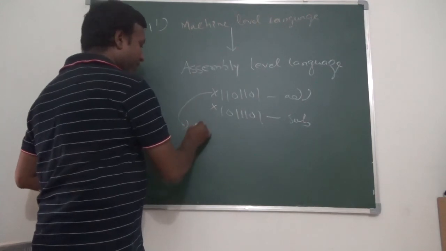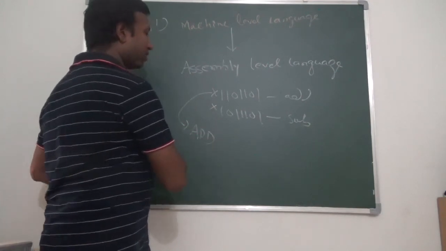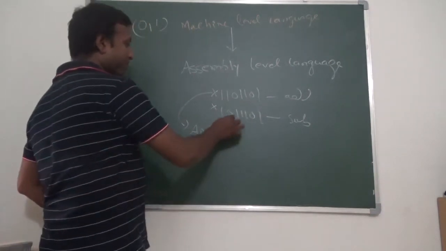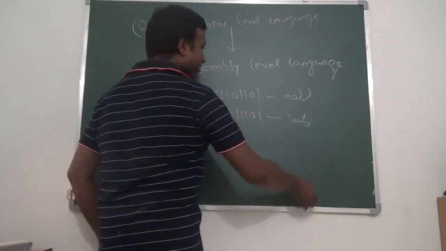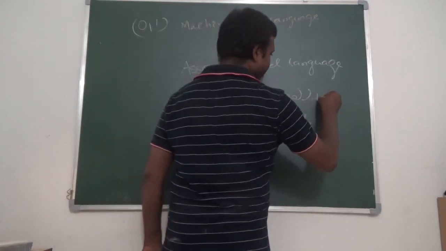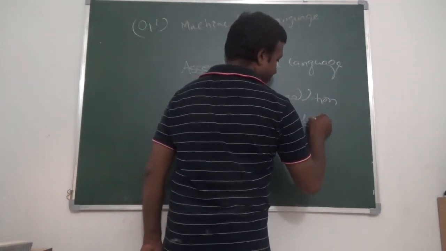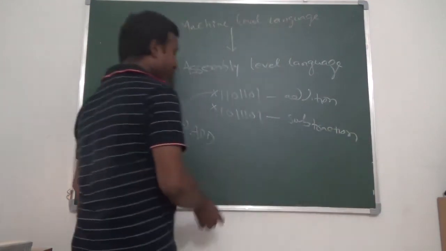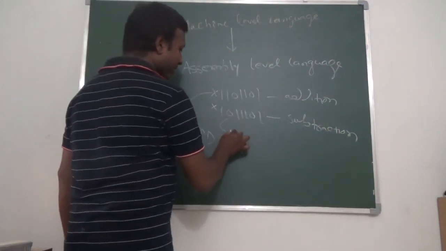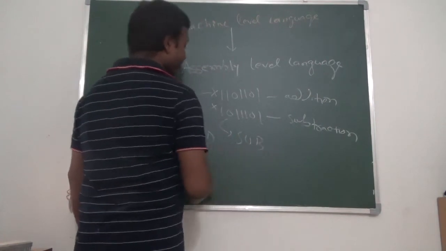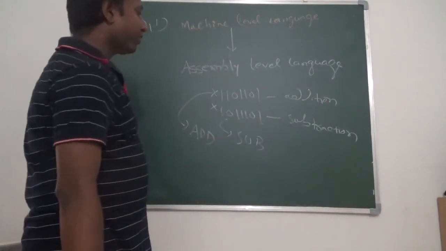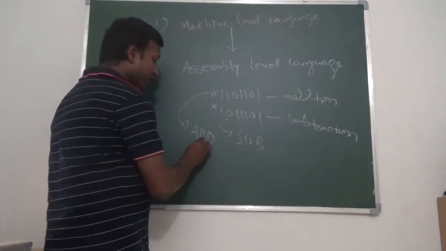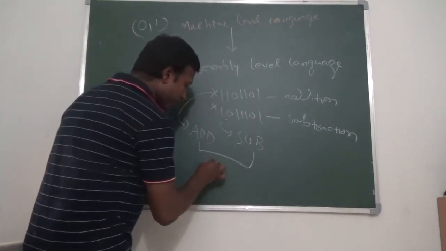If the name is given as add, we use that instead. Similarly, if the name given to this command is SUB, then we are not using 10111101, rather we are using SUB. These things are basically called mnemonics.